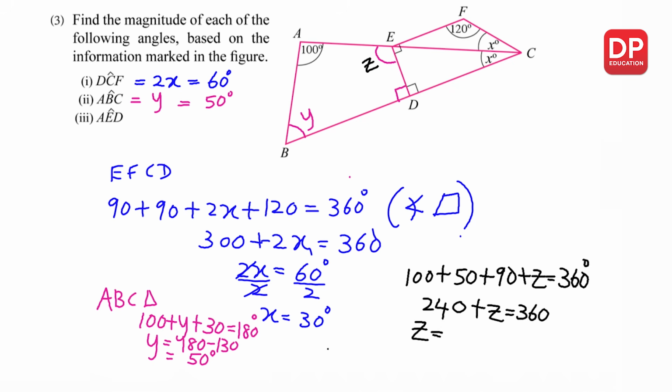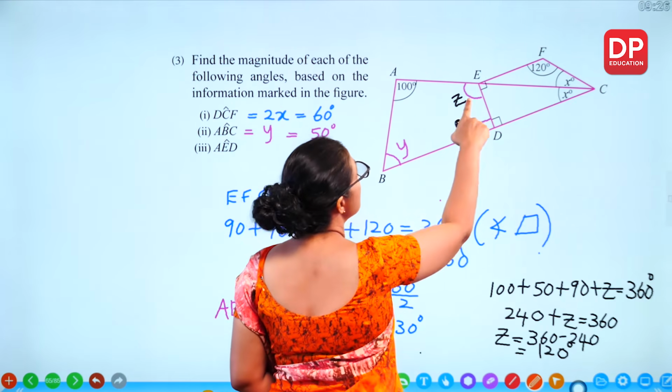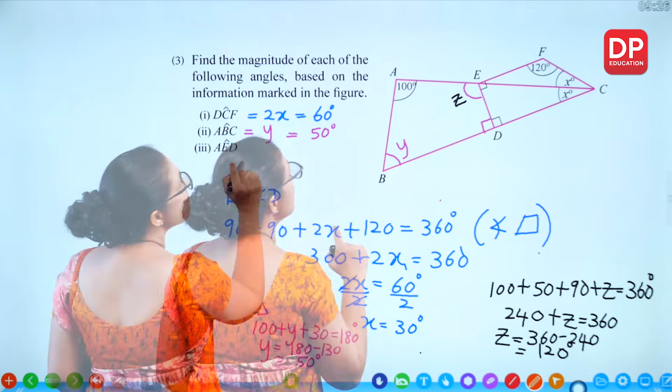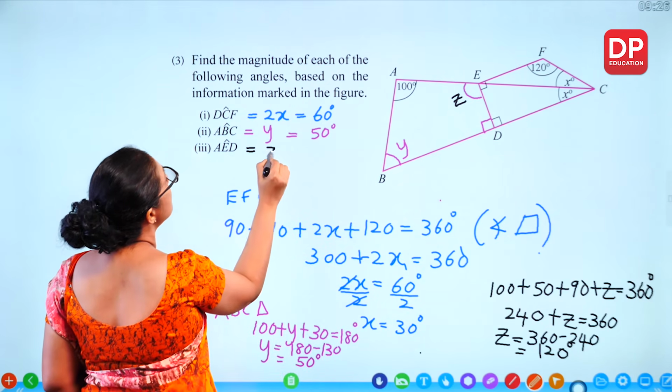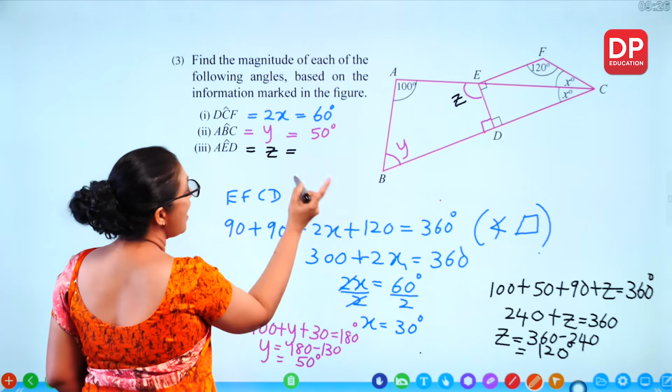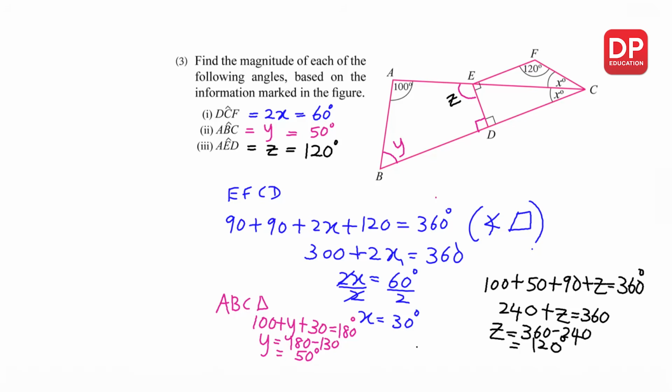Z value is 360 minus 240. So 120 degrees. So what's the angle here? Z angle is 120. That's the angle we need. This is Z angle, or I can write as 120 degrees.